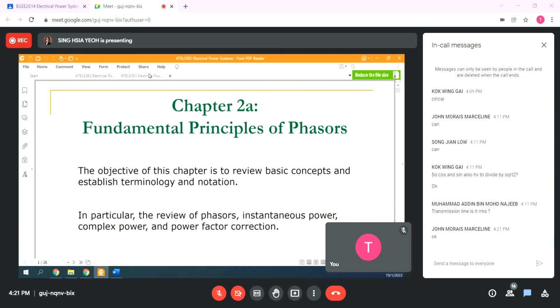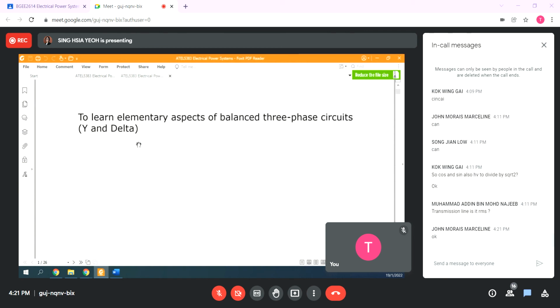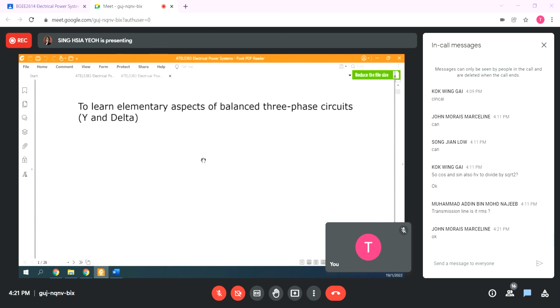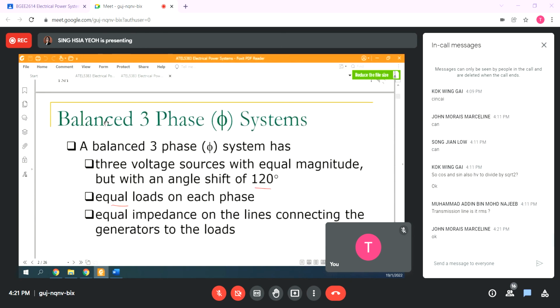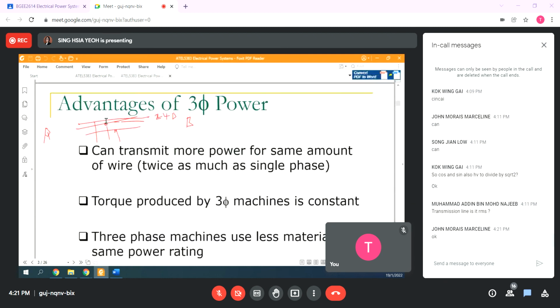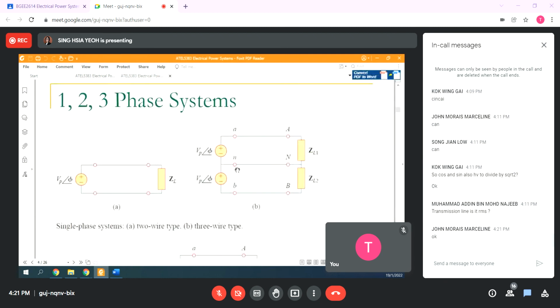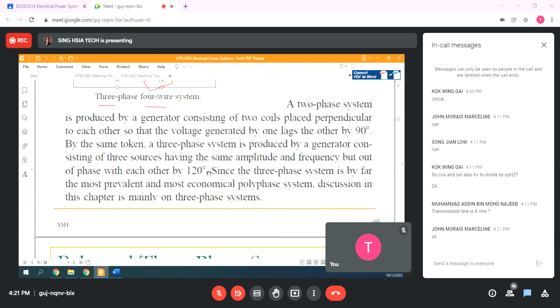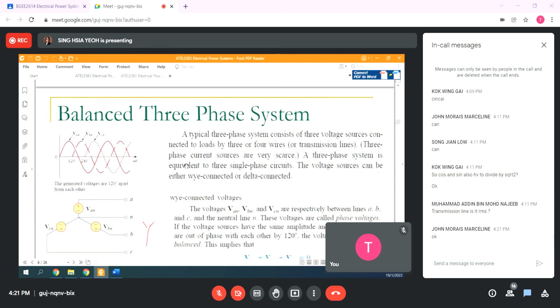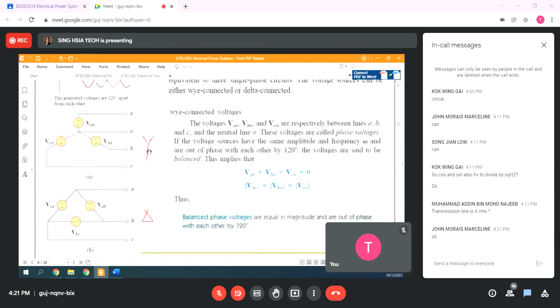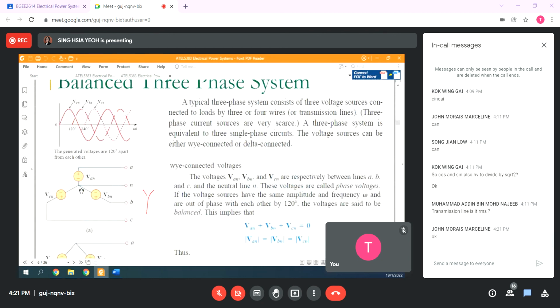Okay, then the last part will be three phase. Three phase is basically the Y-delta thing only. The main thing will be balanced three phase systems. Balanced three phase means they are 120 degrees apart from each other.